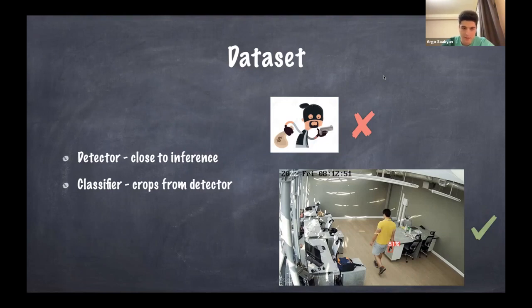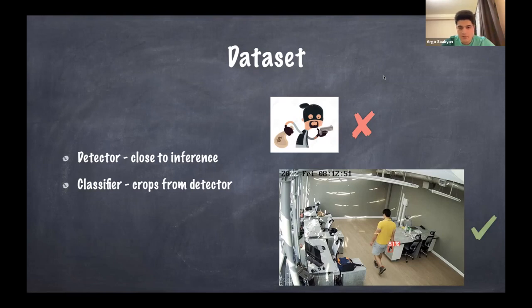For the detector, you need to collect data as close to inference as possible. If your inference is going to be on security cameras, you would want to collect your dataset on cameras close to those ones. For sure, you need to place them correctly, to have correct angles, just how inference cameras are going to have. Your objects in the frame should be close to inference too.